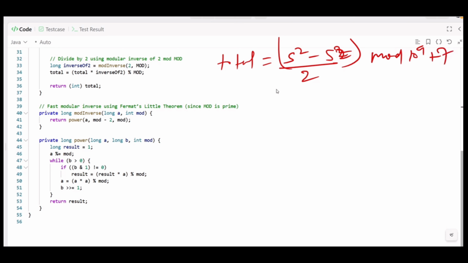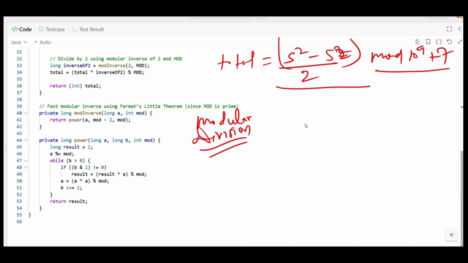So we have calculated this part already, but we have not applied this mod 10 to the power 9 plus 7. Because in our problem context, in the trapezoid problem, we are finding this total, right? But division is not directly allowed in modular arithmetic. So we need what we call modular division, right?